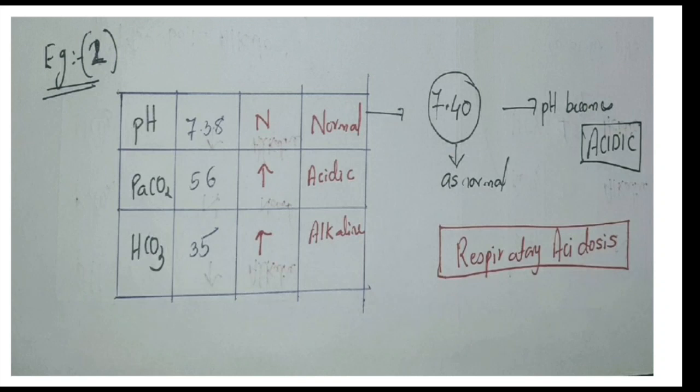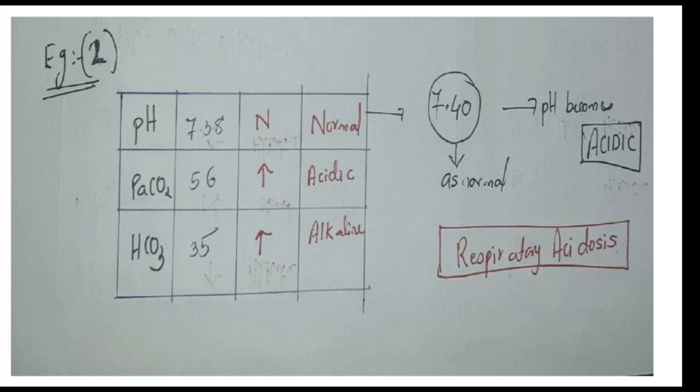So in this condition, for our easy method of interpreting ABG reading, you have to consider the normal value of pH as 7.40. Just consider 7.40 is normal value. We used to say 7.35 to 7.45. So instead of that, consider 7.40 as a normal value.